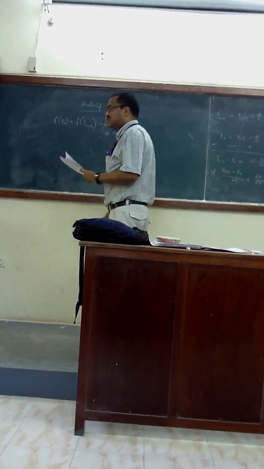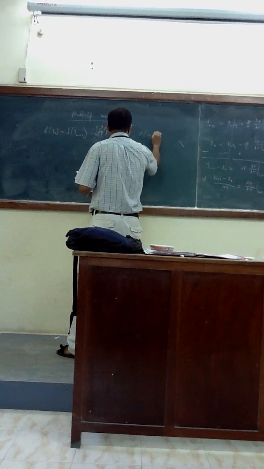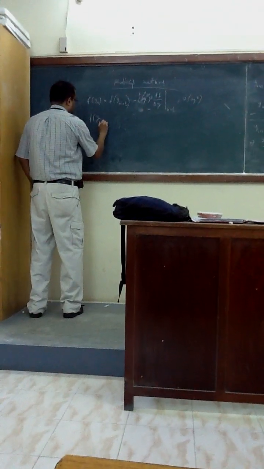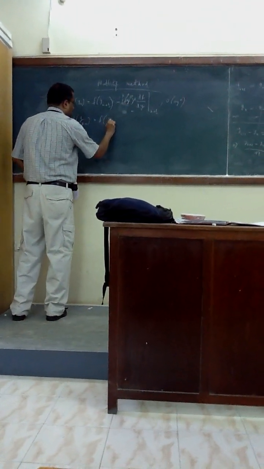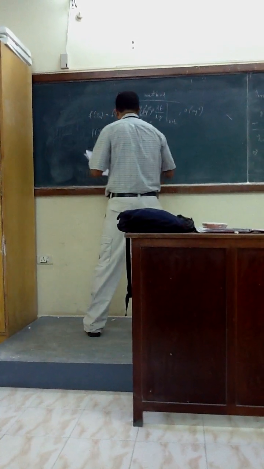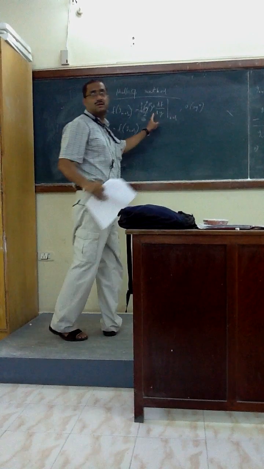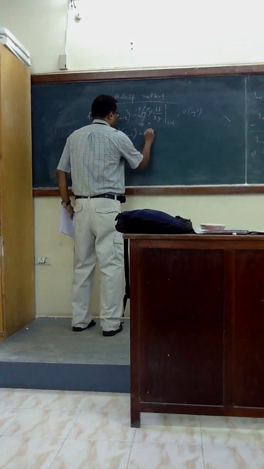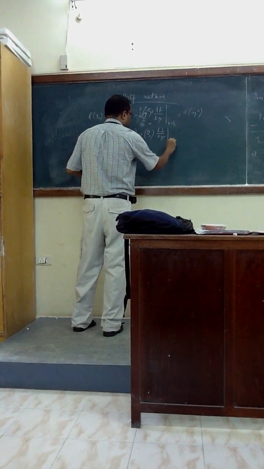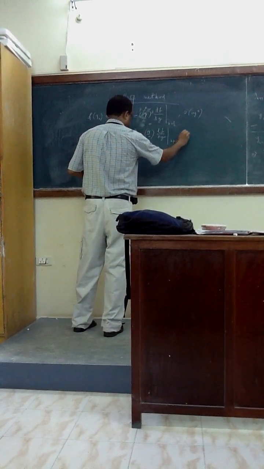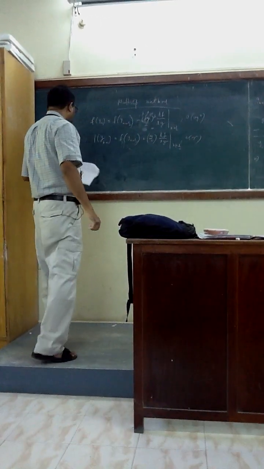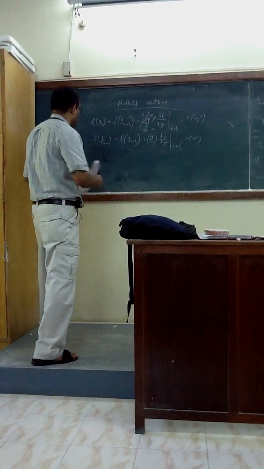Am I correct? Order f of plus or minus, this will be delta by 2, right? Am I correct so far? If I add, what will happen?